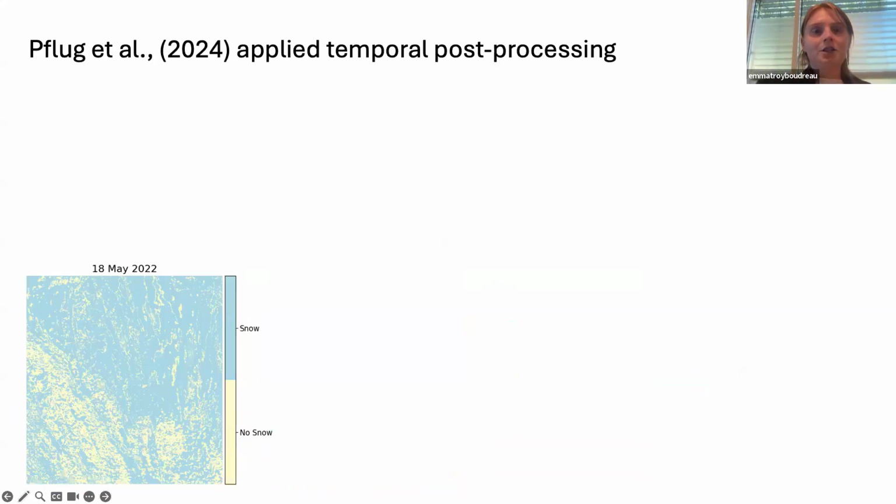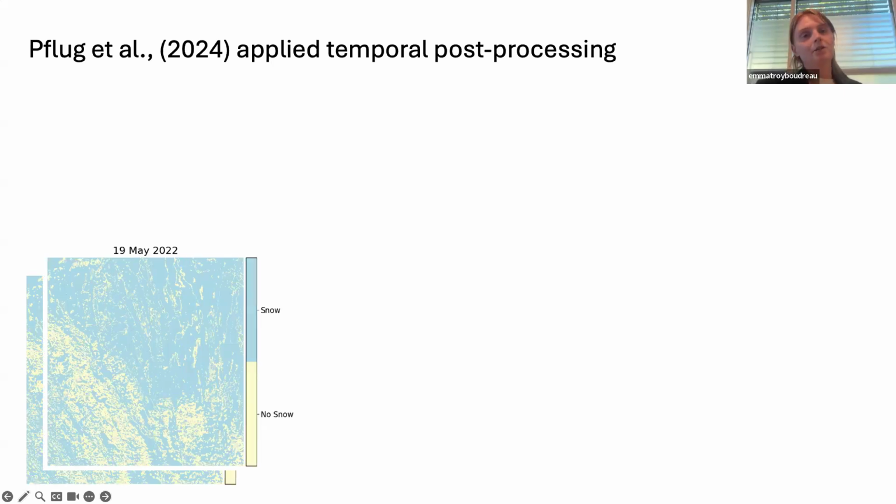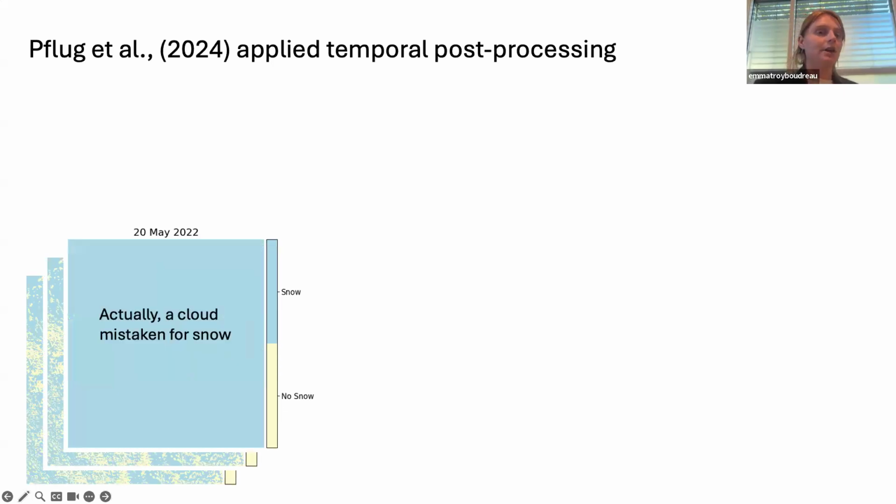And additionally in this work, Flug et al. used a temporal post-processing, which has been used in other snow cover products. But essentially how it works is, say you have a snow map on May 18th, you also have May 19th, that looks all right.